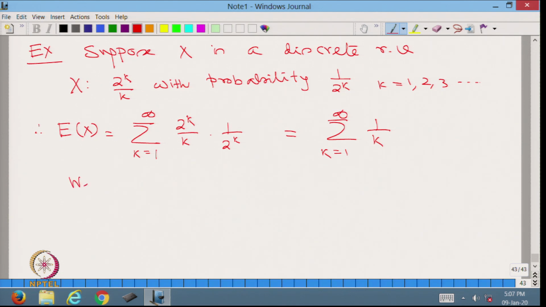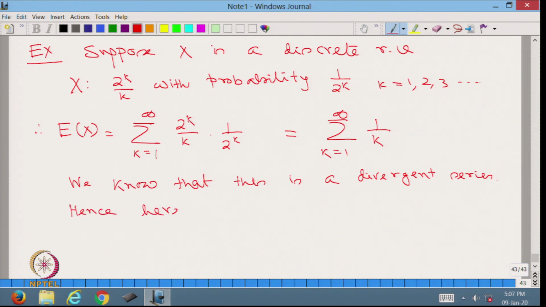We know that this is a divergent series. Hence, here too expectation does not exist.